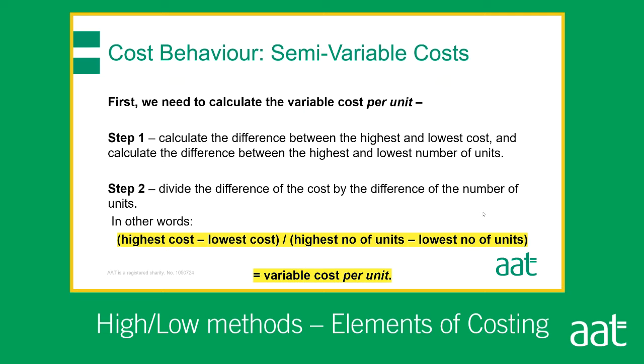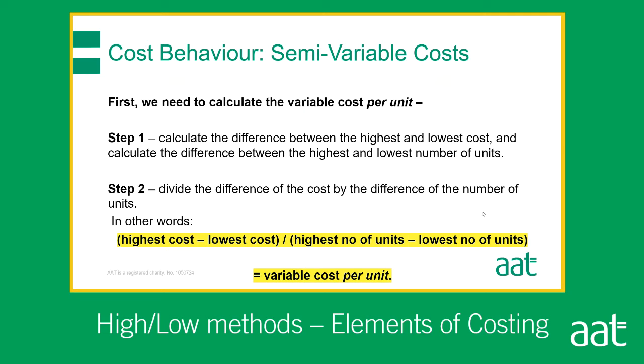So step one of our calculation is to calculate the difference between the highest and lowest cost, and calculate the difference between the highest and lowest number of units. Then step two is to divide the difference of the cost by the difference of the number of units.